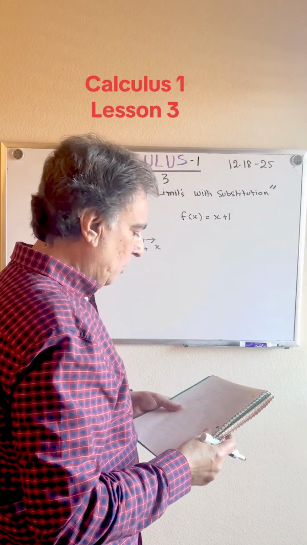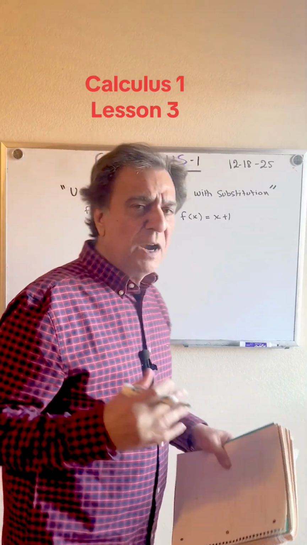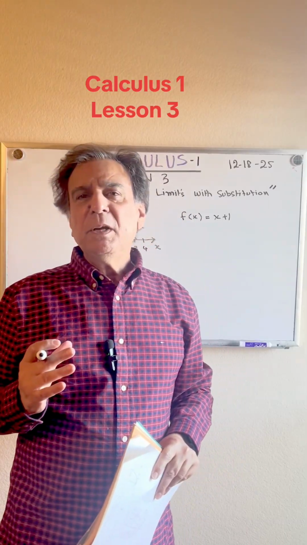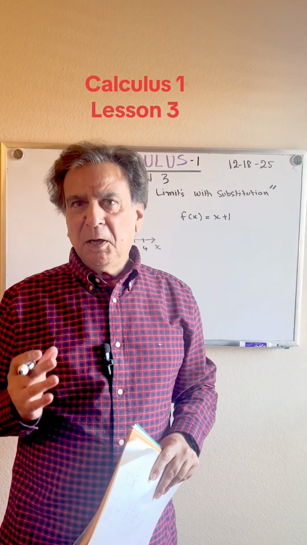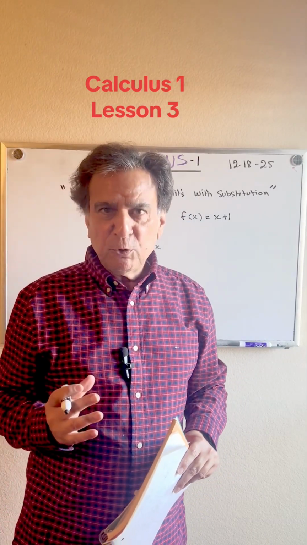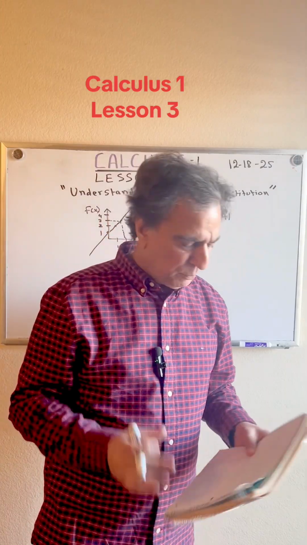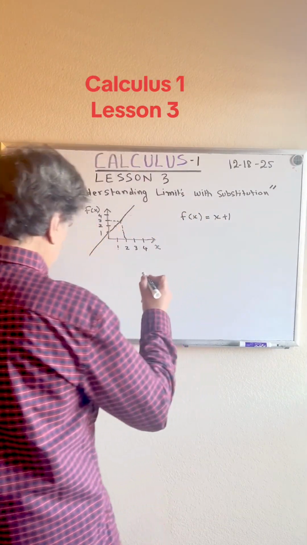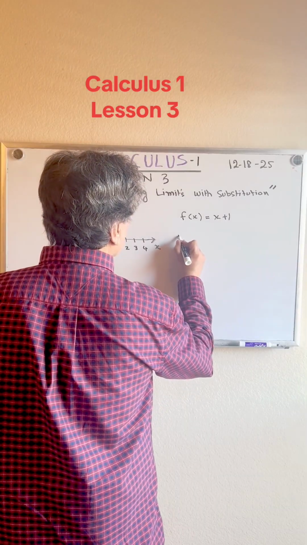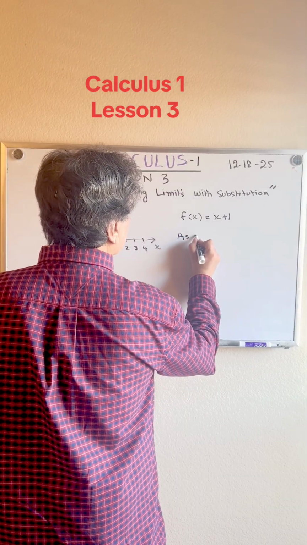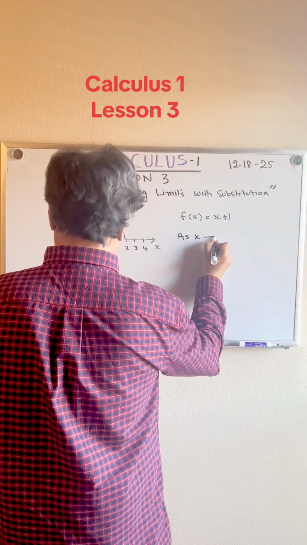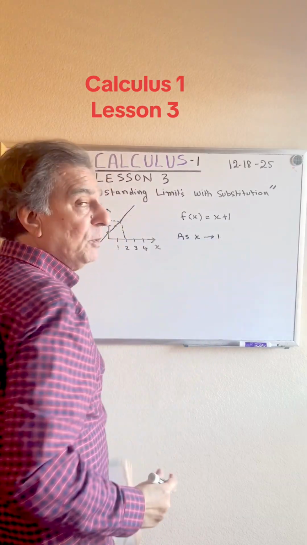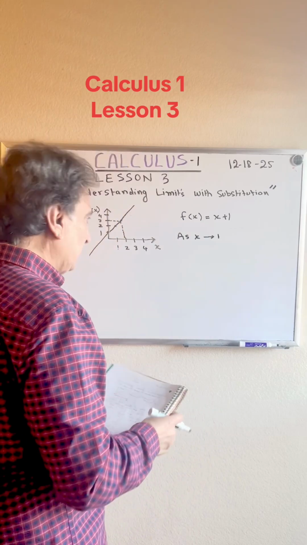So now we move on to finding the limits of a function. Now, the concept of limit is not that easy, but I'm going to try to simplify it for you, and I hope that you grasp it. So basically, if we say as x approaches 1, what will be my function of x?